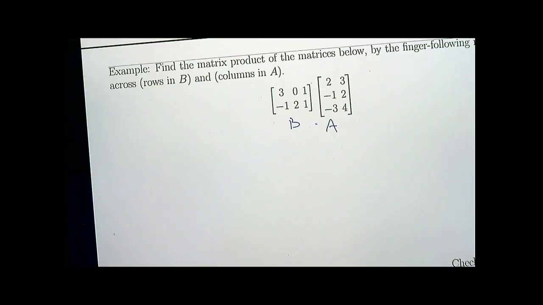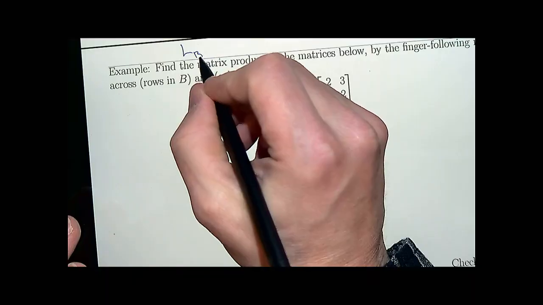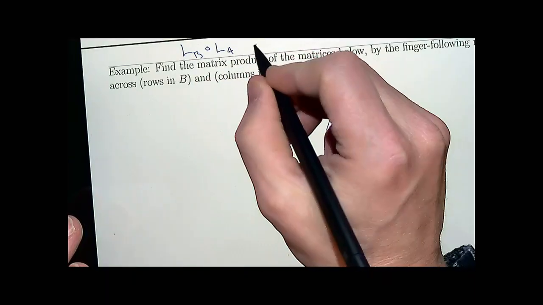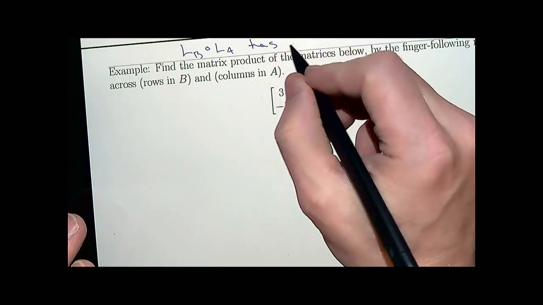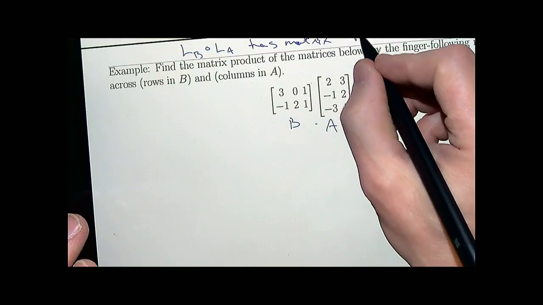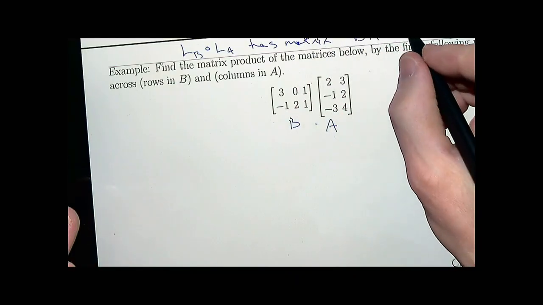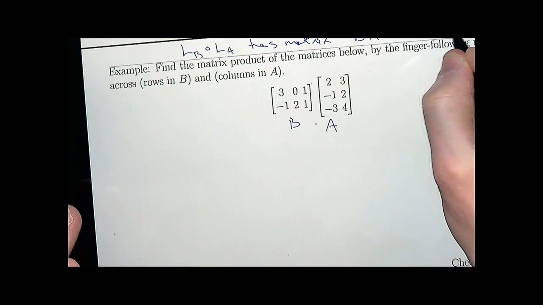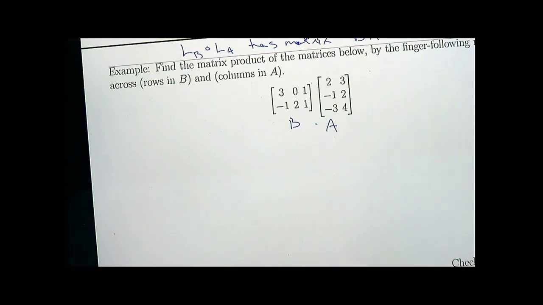Make sure we can see that. Perfect. So if we're going to do the transform of B follows the transform of A, it's going to have a matrix that is literally what we call B times A. How many multiplication operators have you learned here?